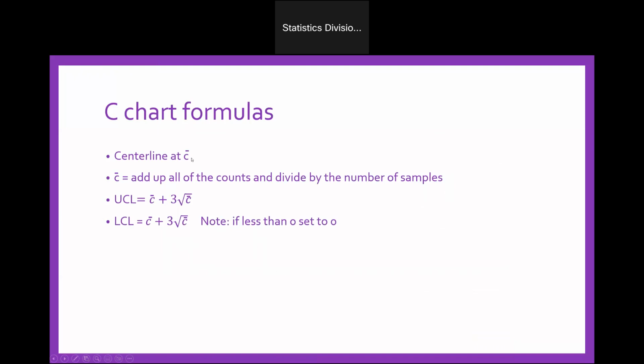The center line is at the average counts, right? You add up all the counts and divide by the number of samples. Here you just need the average counts. You take 3 times the square root of the average counts to get the upper and lower control limits. Usually the lower control limit is going to be 0, but if you had really high counts, you could calculate a lower control limit as well. So that's how that one works.